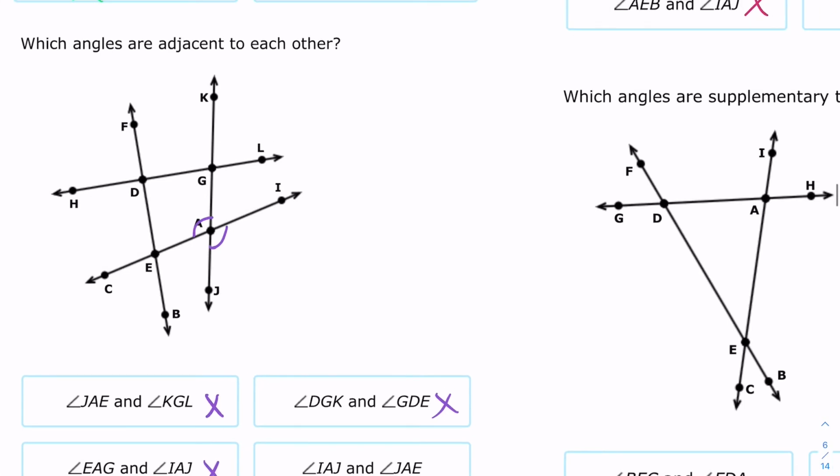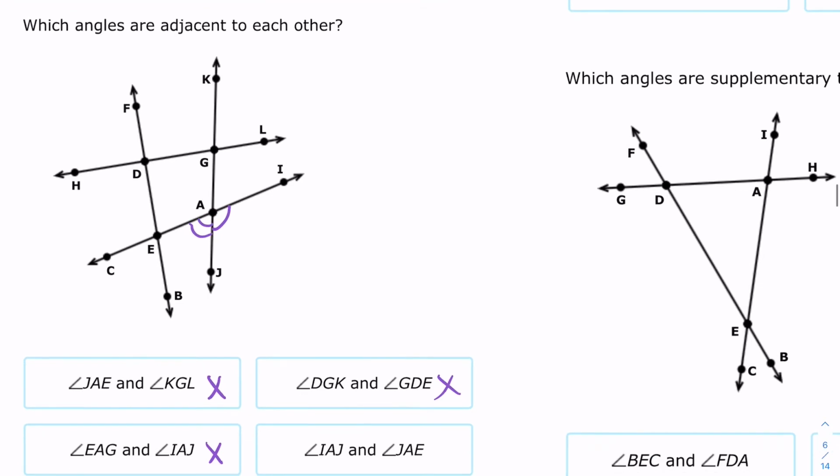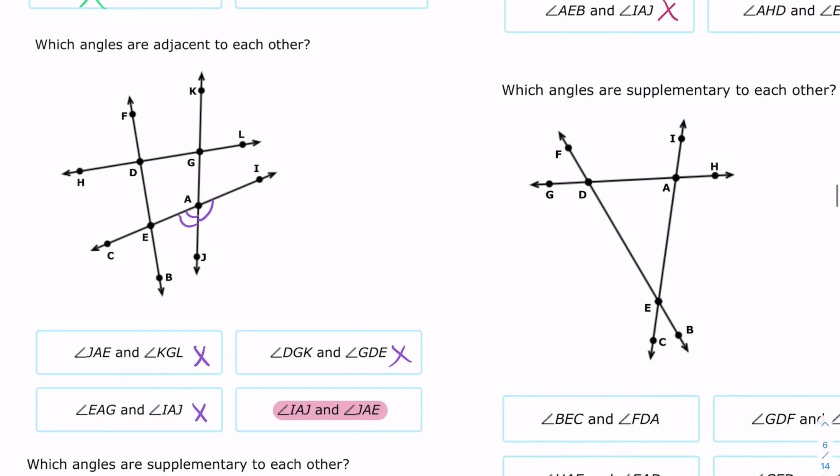So let's check the last ones. We want side-by-side angles. IAJ and JAE, which is this one. Those are side-by-side. So the answer, adjacent angles, are those two right there.